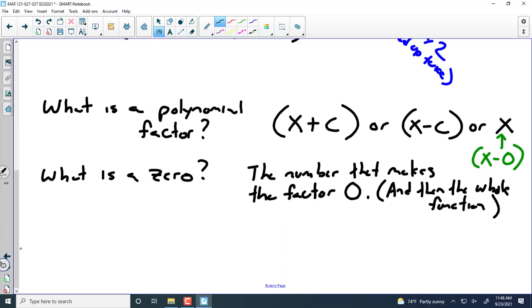A 0 is the number that makes the function equal 0, but on a smaller level, the 0 is the number that makes the individual factor equal 0. Because if you make the factor equal 0, then it multiplies by all the other factors and kills them all off. So a 0 is still a number that makes a function equal to 0, absolutely. But if you want to look at what's going on under the hood, you say it's making an individual factor equal to 0.